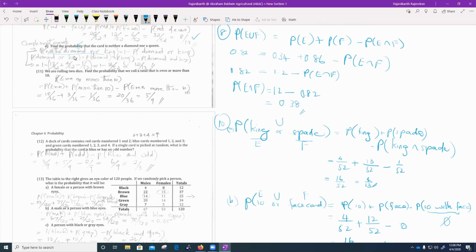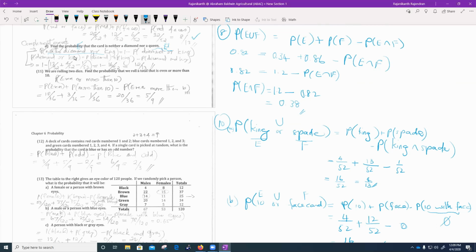So I'm using the complement formula here. The probability of neither diamond nor king is going to be 1 minus, this is my E prime, so that is getting diamond or king. Now you know how to find diamond or king.